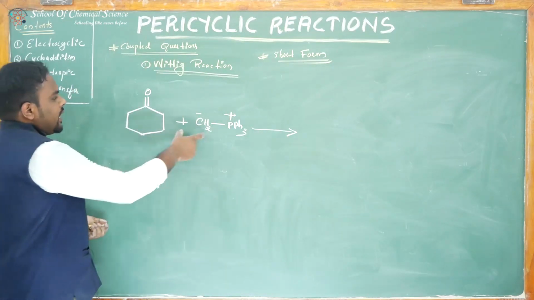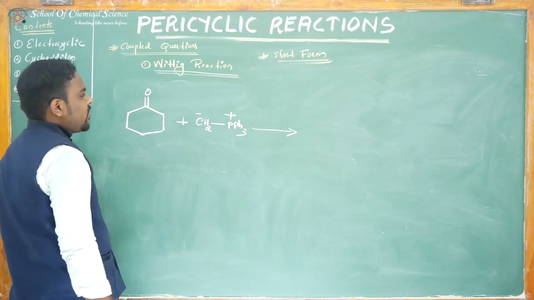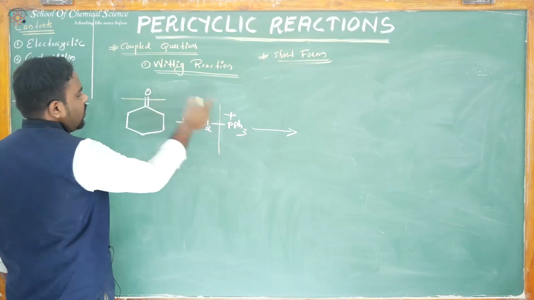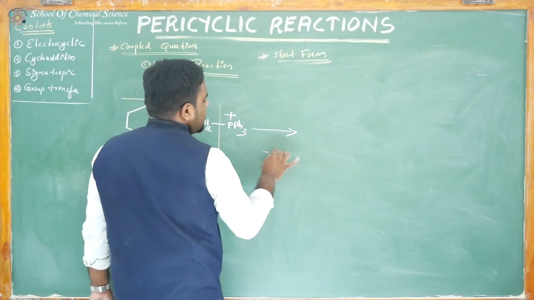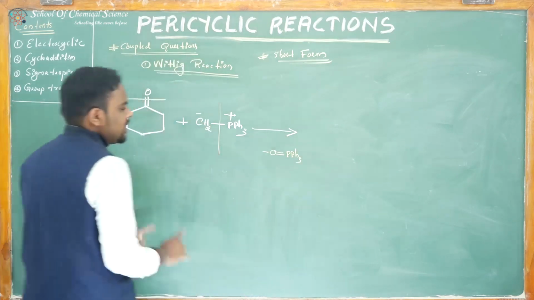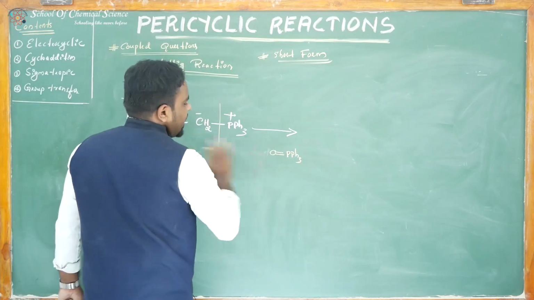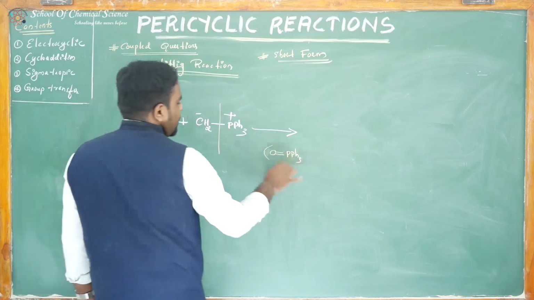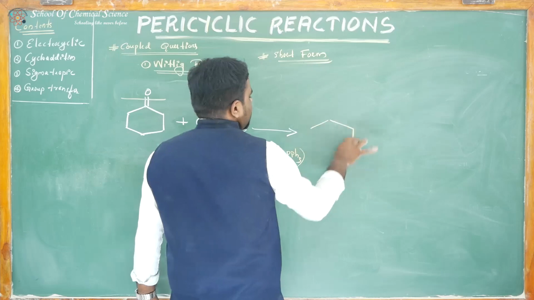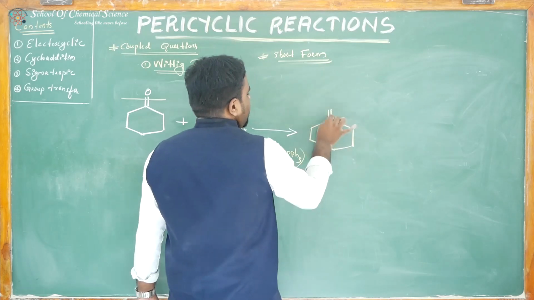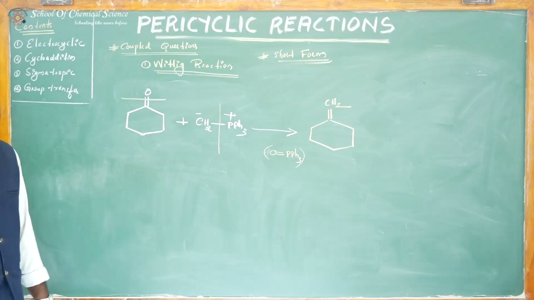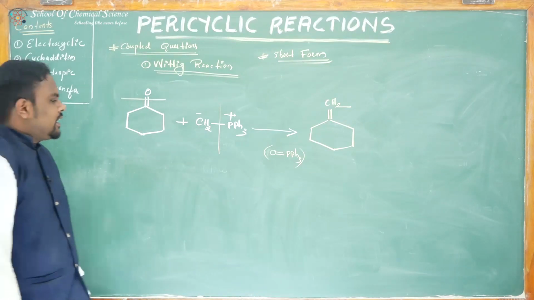A carbonyl compound and a phosphonium ylide. How can you write the product? Cut and paste. The O and PPh3 are eliminated as Ph3P=O, then this CH2 is pasted, giving a double bond to CH2. You can easily write the product of Wittig reaction.